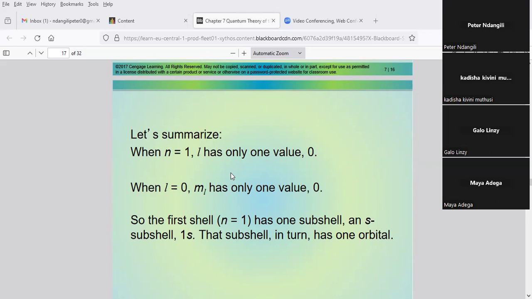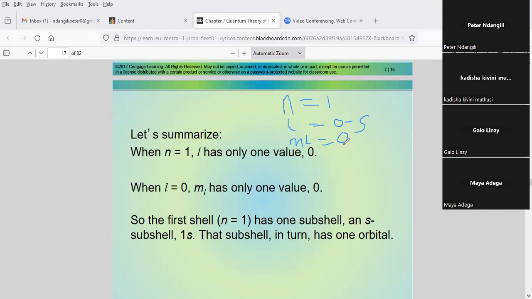So when n is equal to 1, L will be equal to 0, and we call this an s orbital, with ML equal to 0.